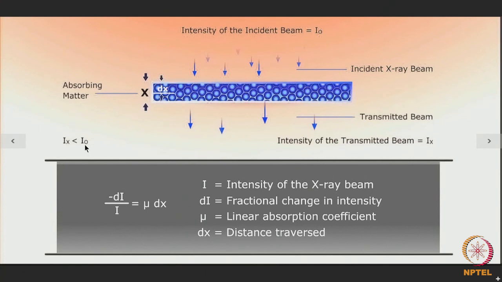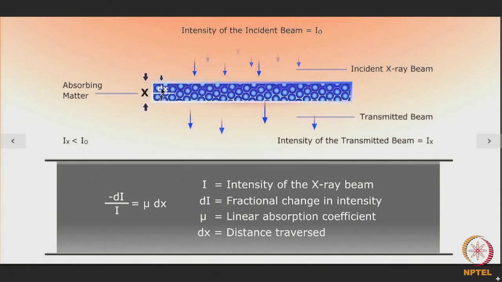Now, the fractional change in intensity when X-rays pass through this matter can be written as minus dI by I, where I stands for intensity, and it is proportional to the thickness of material it penetrates.